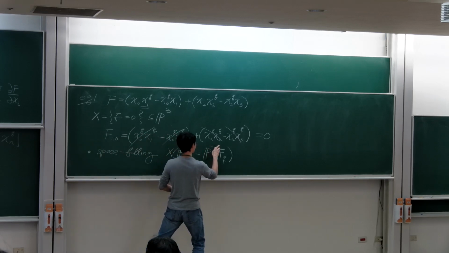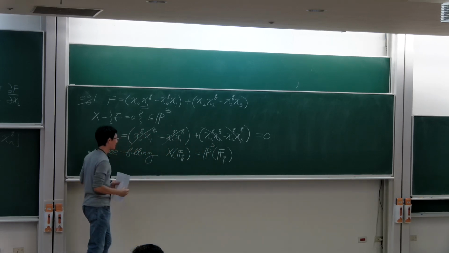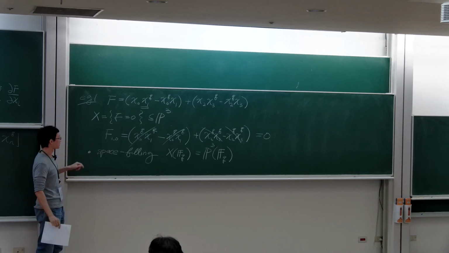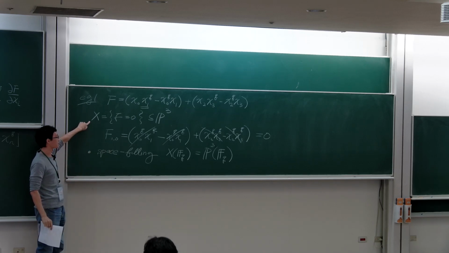Here I'm in P3, so let me just write this. Every rational point in the projective space lies on this surface. It's very easy to check.